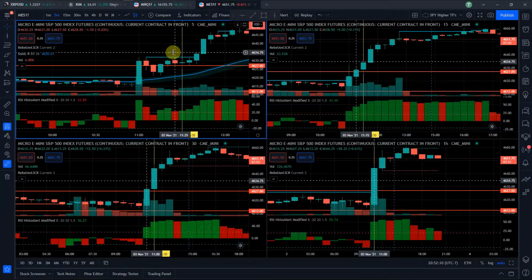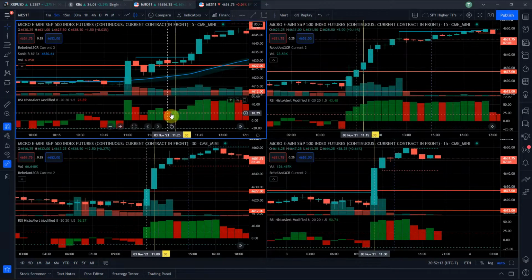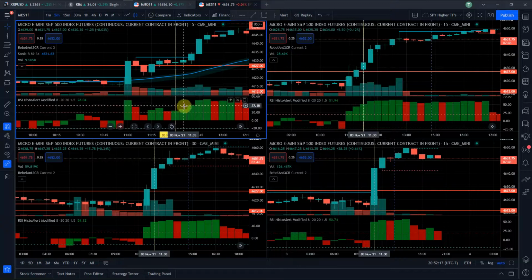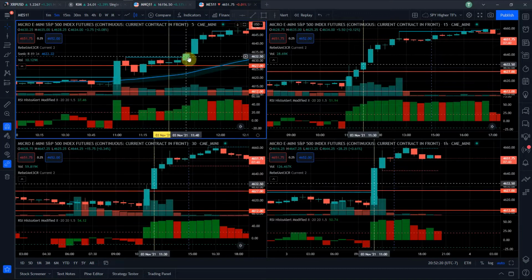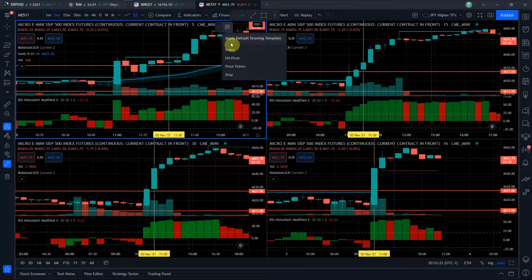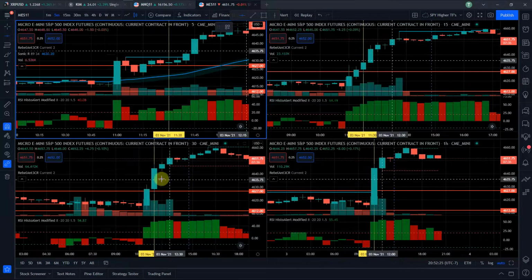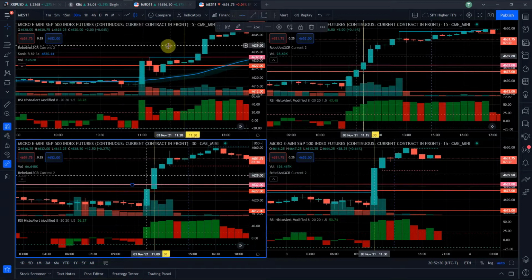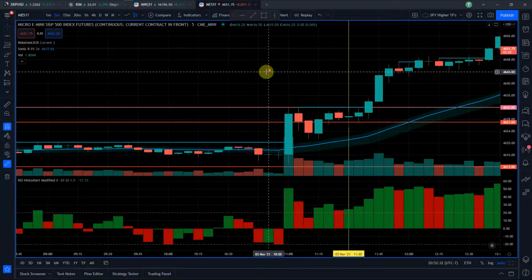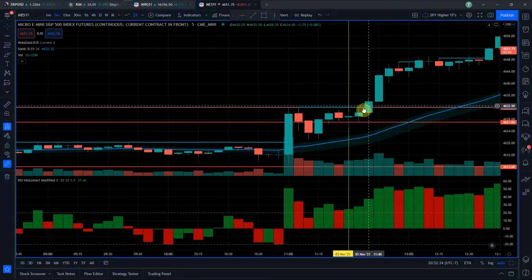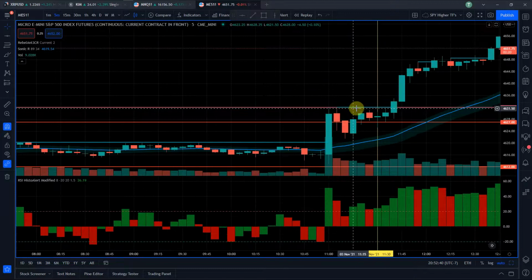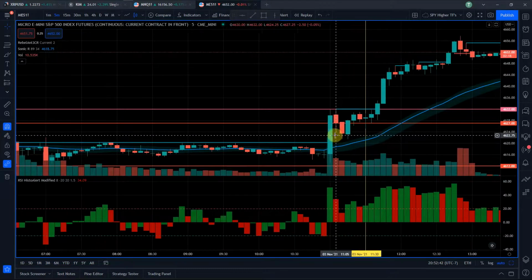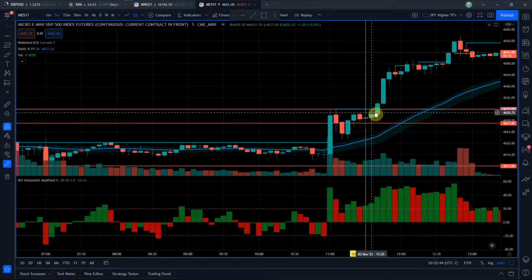5-minute, we go over here. We were closed red. The next candle where we closed green is here, so we would be looking at this candle here. And because we don't want to trade into any previous support or resistance, this 30-minute candle would have been our final area of resistance to break through. So now that we know that, close green here. Once it broke above this level here, this is where you grab it, and you can see exactly what happened before this.